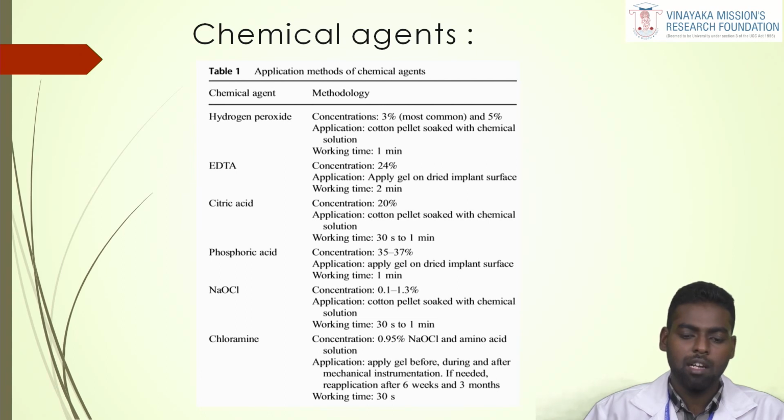For citric acid, only 30 seconds is allowed. For phosphoric acid, 35 to 40% is involved, for sodium hypochlorite only 0.1 to 1.3%, and for chloramine 0.95%. If the concentrations are altered, this causes chemical burns in the tissues and chemical structure modification of the implant surface as well.